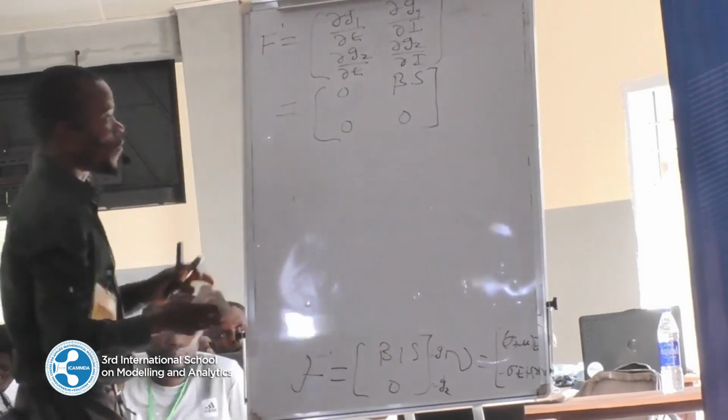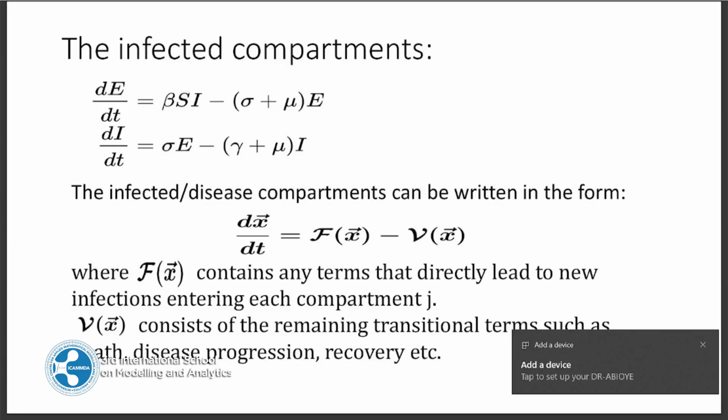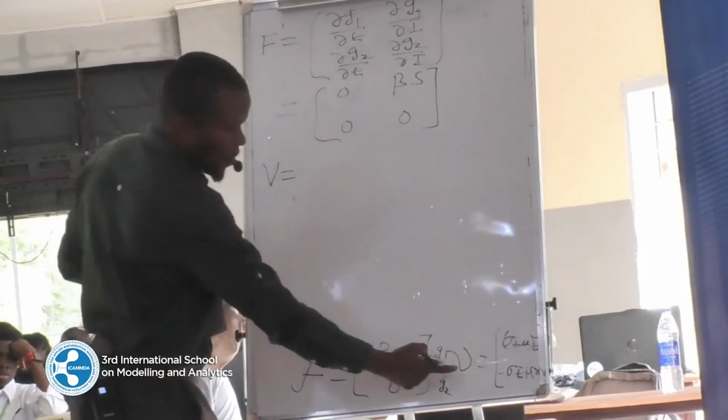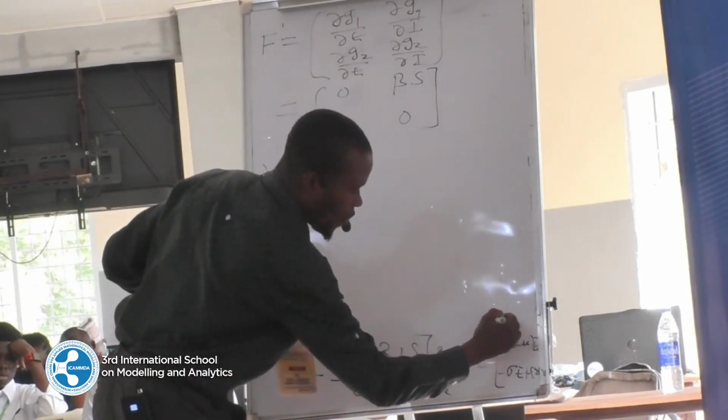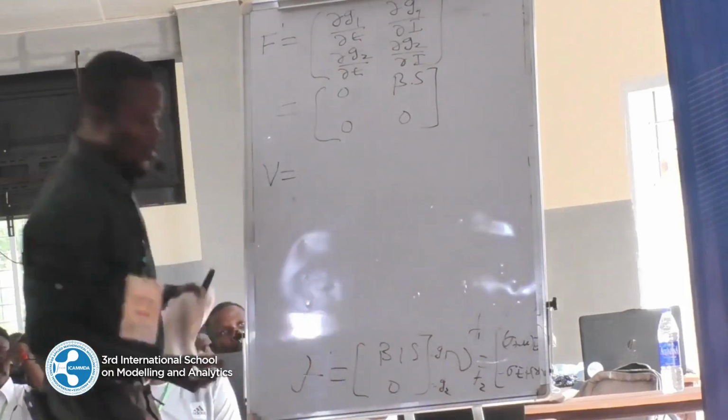So if you do that for the V, we are going to get, I call this F1, and I call this F2.